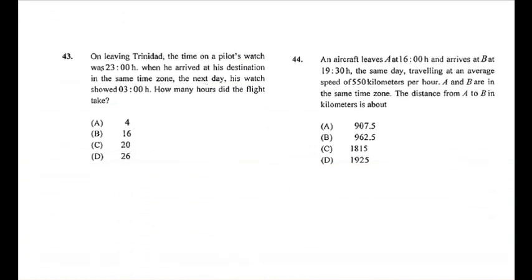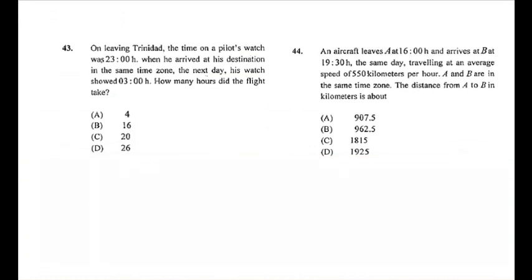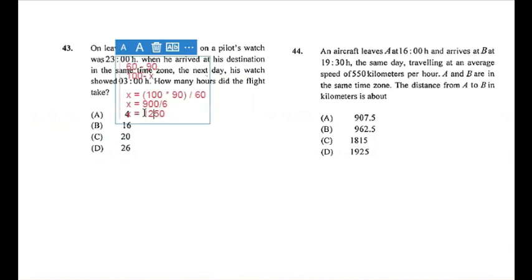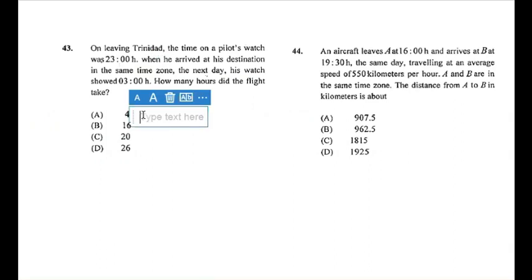Question 43. On leaving Trinidad, the time on the pilot's watch was 23 hours or 11 o'clock. When he arrived at his destination in the same time zone the next day, his watch showed 3 o'clock. How many hours did the flight take? So what we do know is that 23 hours to 24, which is 12 o'clock, is equal to 1 hour.